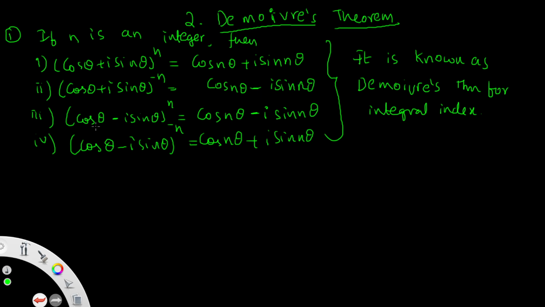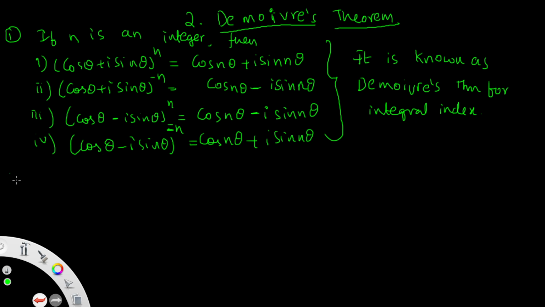Similarly, (cos theta minus i sin theta) to the power of n is cos n theta minus i sin n theta, and (cos theta minus i sin theta) to the power of minus n is cos n theta, minus into minus becomes plus, i sin n theta. So these four formulas are De Moivre's theorem for integral index.